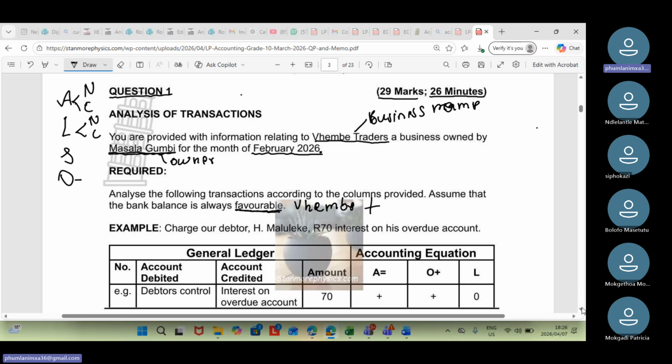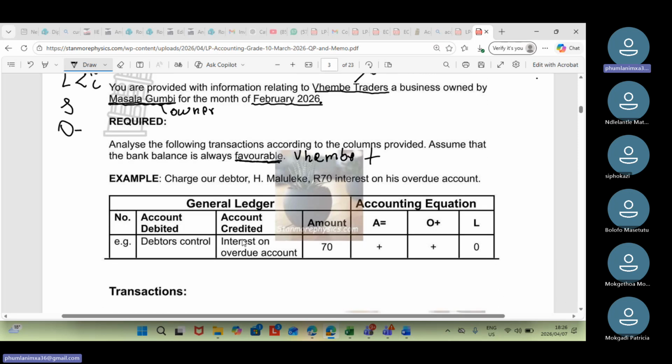We are even given an example on how we need to analyze the transactions. E.g., we charge our debtor H Maluleke 70 rands interest on his overdue account. A debtor is someone who bought goods on credit.